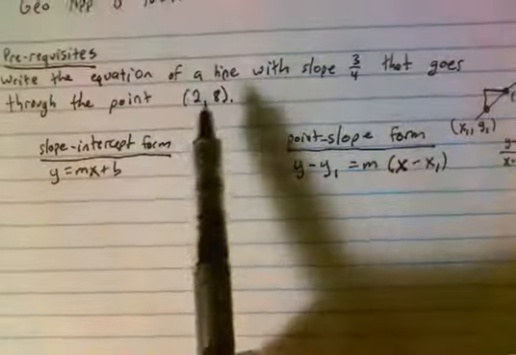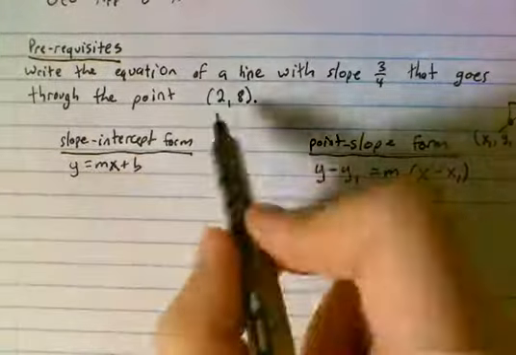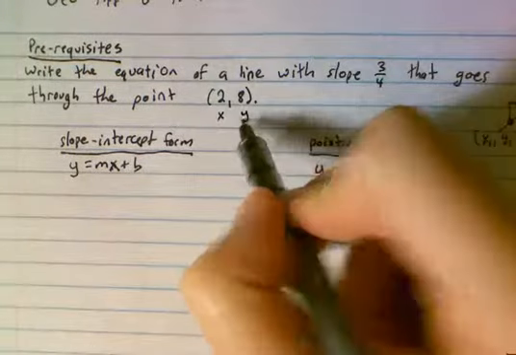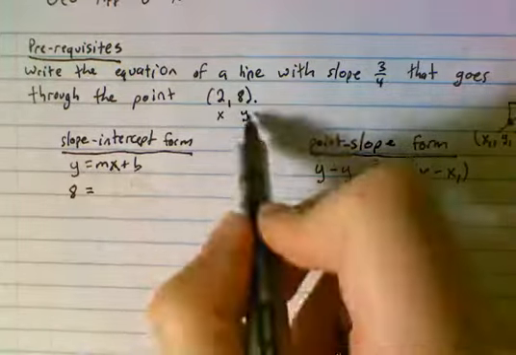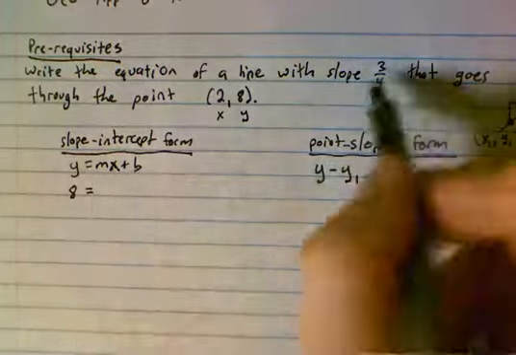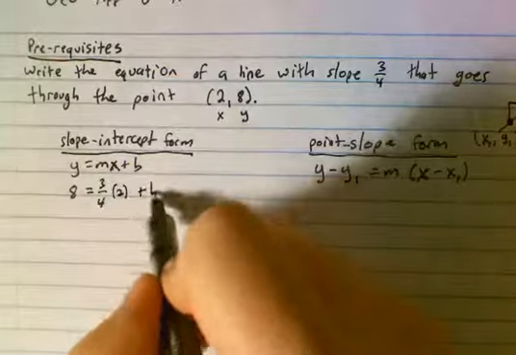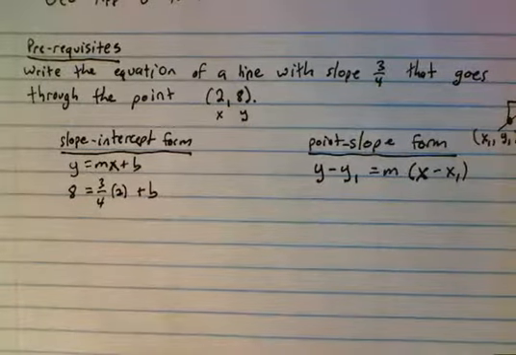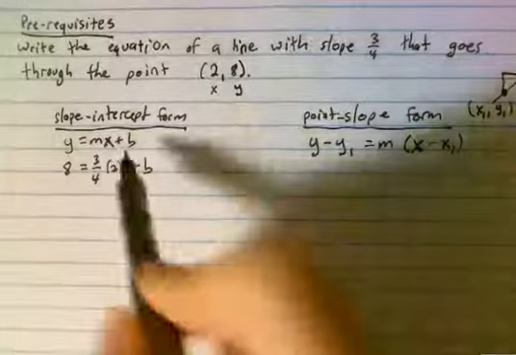So let's just look back at our example up here. In this one, I'm going to say this is my x, this is my y. And so I'm going to put each of those in, 8 in for y, the slope is 3/4, x is 2, and then I'm going to have to solve for b and then write it as an equation with m and b filled in.